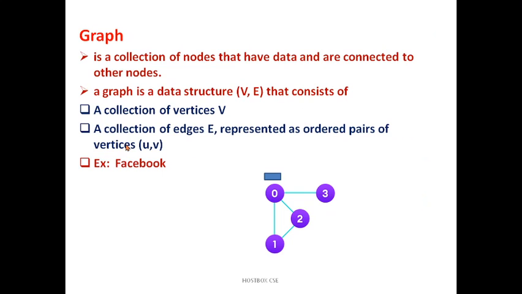So first you have to know what a graph is. A graph is a collection of nodes that have data and are connected to other nodes. You can also say it's a data structure consisting of V and E, where V is a collection of vertices, followed by a collection of edges called E, represented as ordered pairs of vertices.